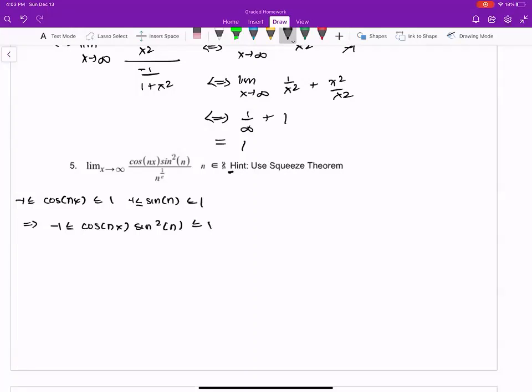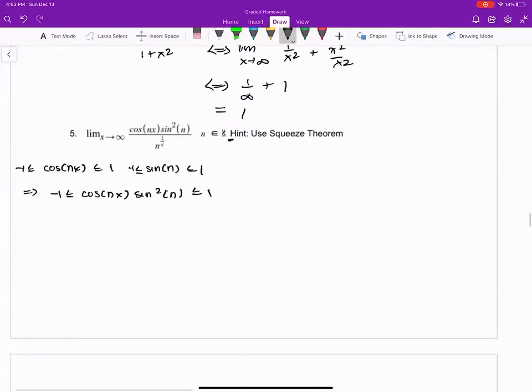Okay, so now we have this inequality, and we want to get a form like this. So here you would multiply everything by 1 over n to the power of 1 over e. So you get negative 1 over n to the 1 over e.